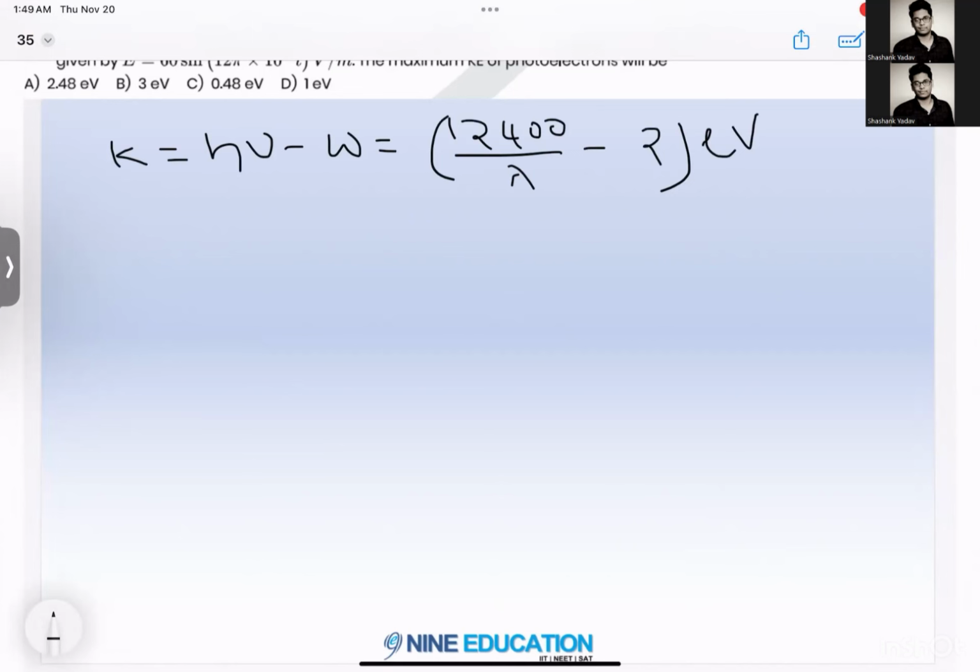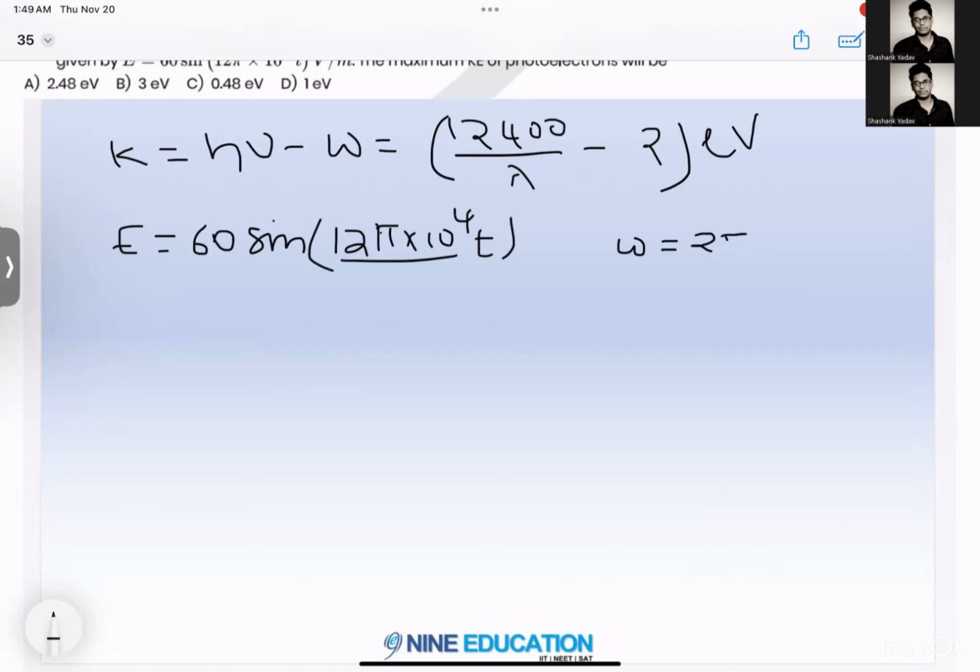Now we have to find out what is the lambda. To find out lambda, we have the electric field expression as E is equal to sine of 12 pi into 10 power 4 t. That means the omega here is 12 pi into 10 power 4. We know omega is nothing but 2 pi into frequency of the wave.